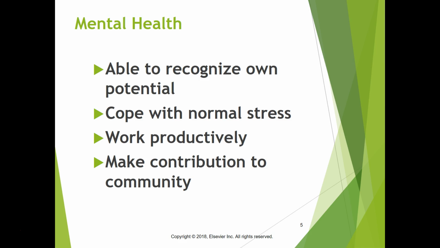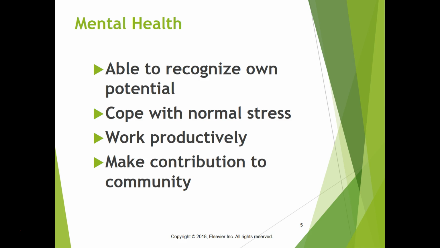So let's talk about some concepts of mental health and basically what it is. So the definition is being able to recognize your own potential to cope with normal stress. Basically, to cope with normal stress and to cope normally with stress. I think it kind of goes both ways. So you can have good mental health and you could cope with extreme stress.